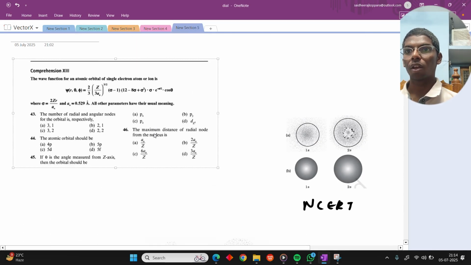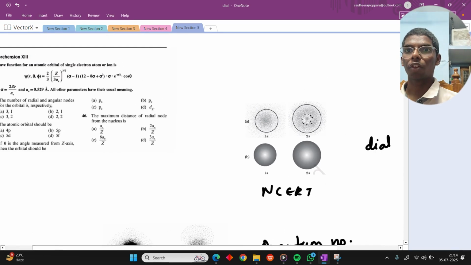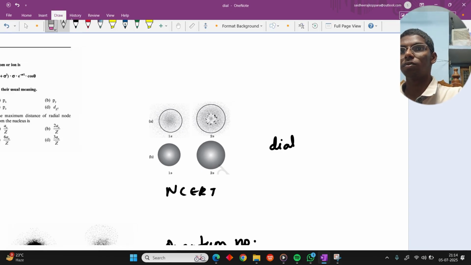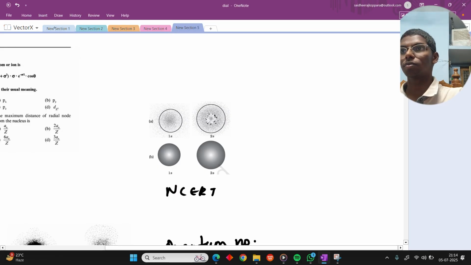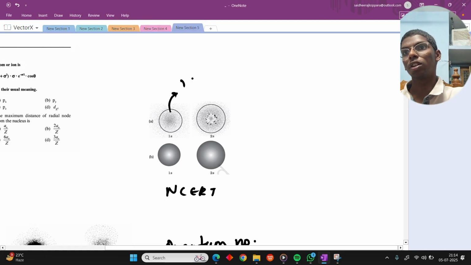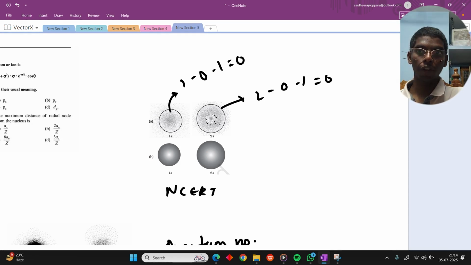Now, to discuss the radial node, here you are seeing some dotted lines, whereas in this one I didn't draw any dotted lines. This has 0 radial nodes, while this has 1 radial node. Those dotted lines represent the radial nodes.